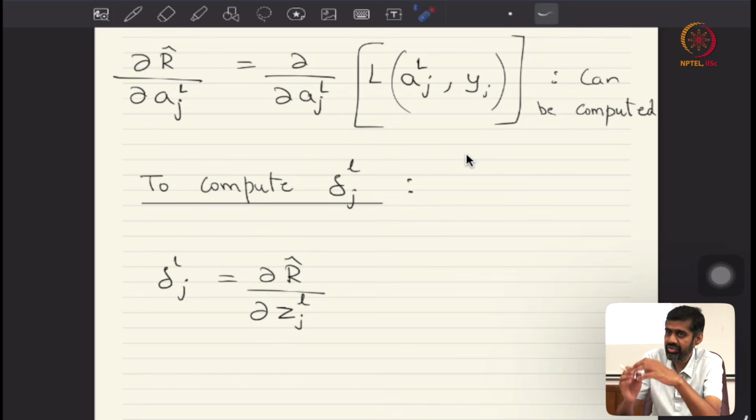Now if you have a composite function and the dependency of the output is through multiple variables and there are multiple parallel paths, then the multi-variable chain rule tells you that you will have to add the partial derivatives along all those paths, correct. So now let us do that. Let me write that down.